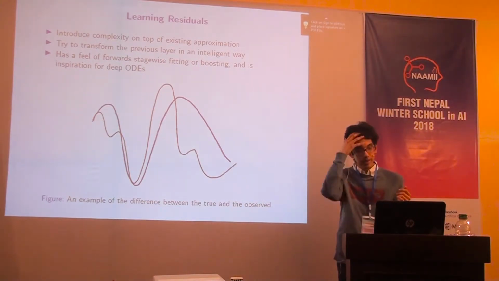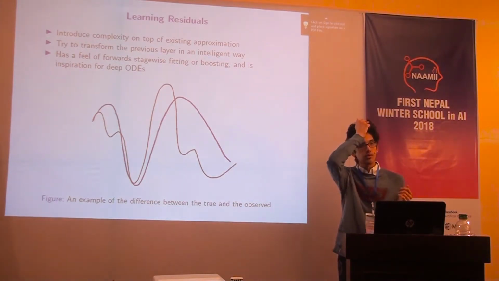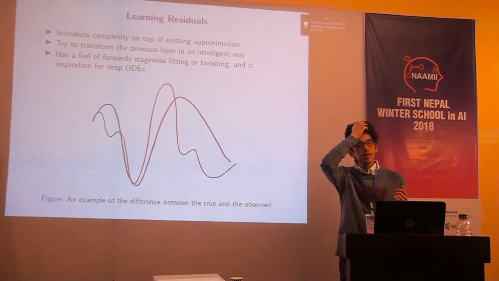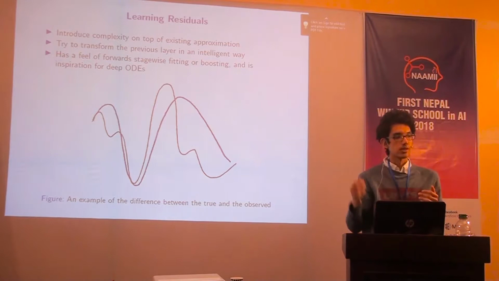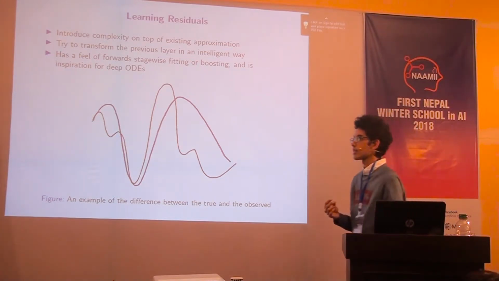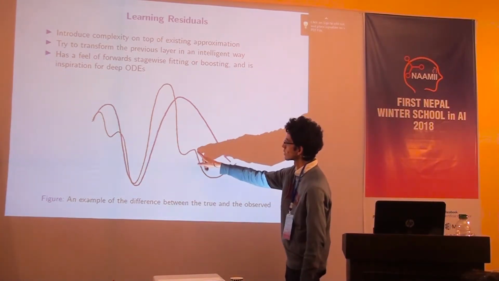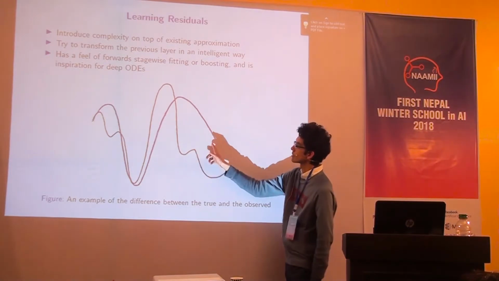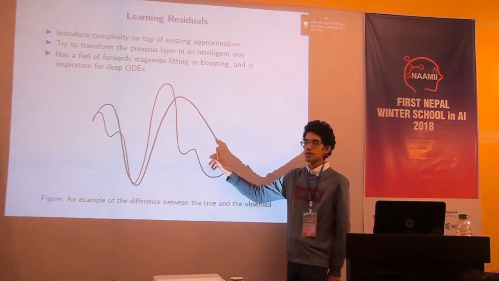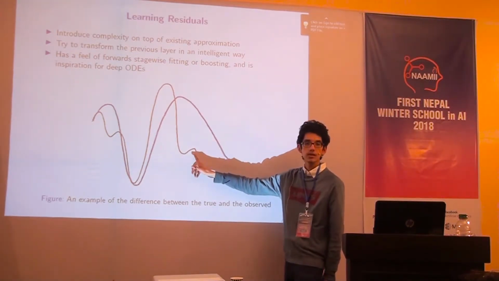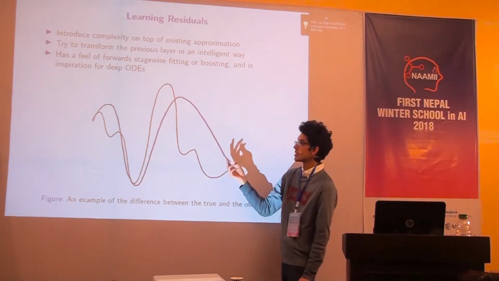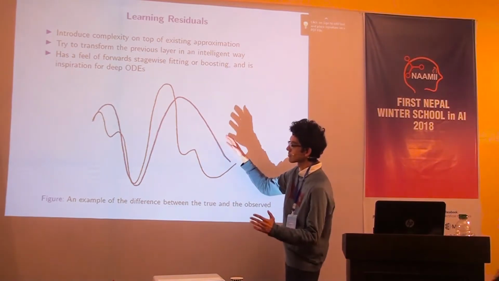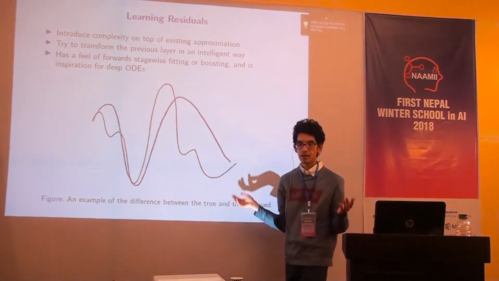And abstracting that away, what is the problem? The insight that the people who came up with the residual network paper had is this. Let's say the purple is your current guess, and you're trying to approximate the black. One thing you can try to do is learn a full function-to-function mapping.